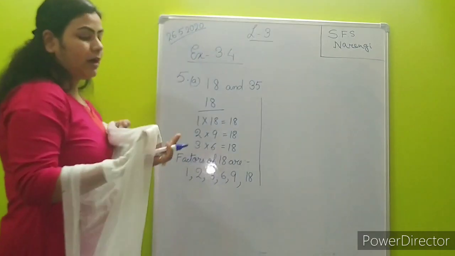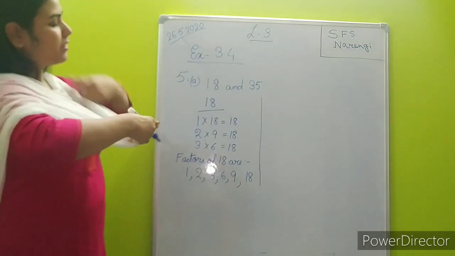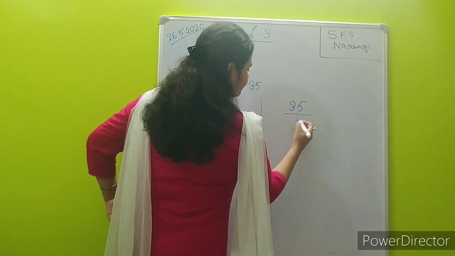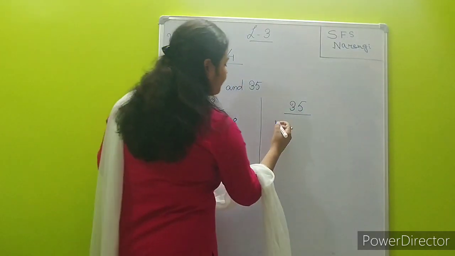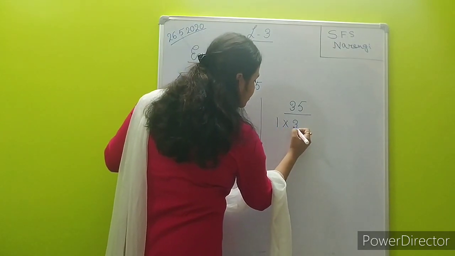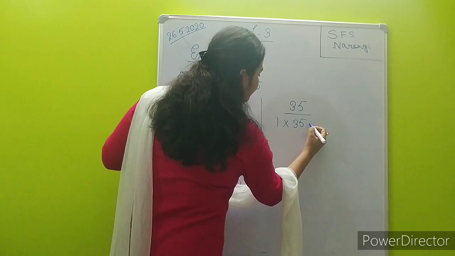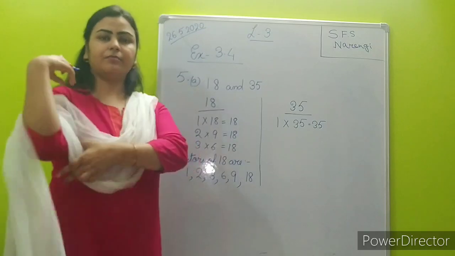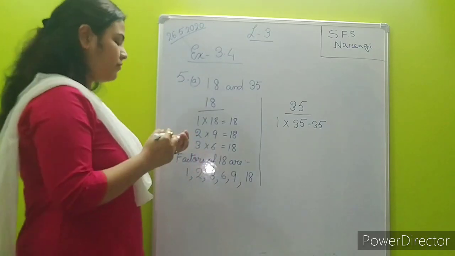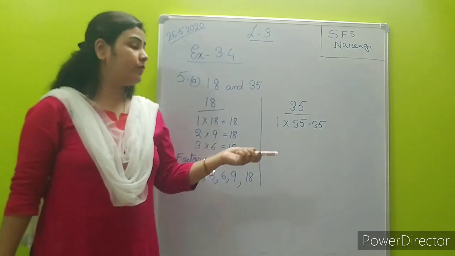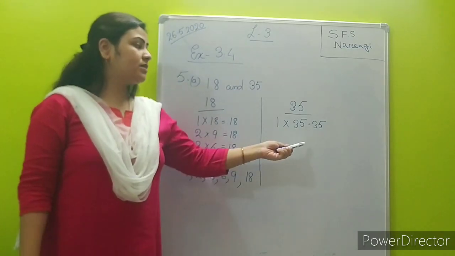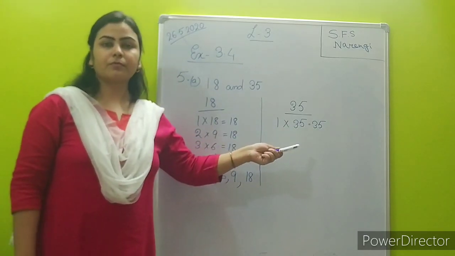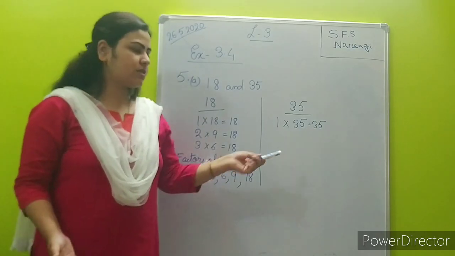Right? Now, let us write the factors of 35. 1 into 35 is equal to 35. Then in 2's table, do we have 35? It is 5, so obviously we do not have. In 3's table, will 35 be divisible by 3? 3 11s are 33, 2 remainder, so not possible. 4: 4 8s are 32, 4 9s are 36, does not come.